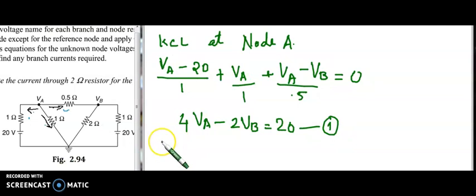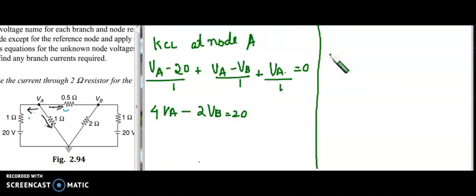Now we can write KCL at node B. There are 3 branches at node B also.